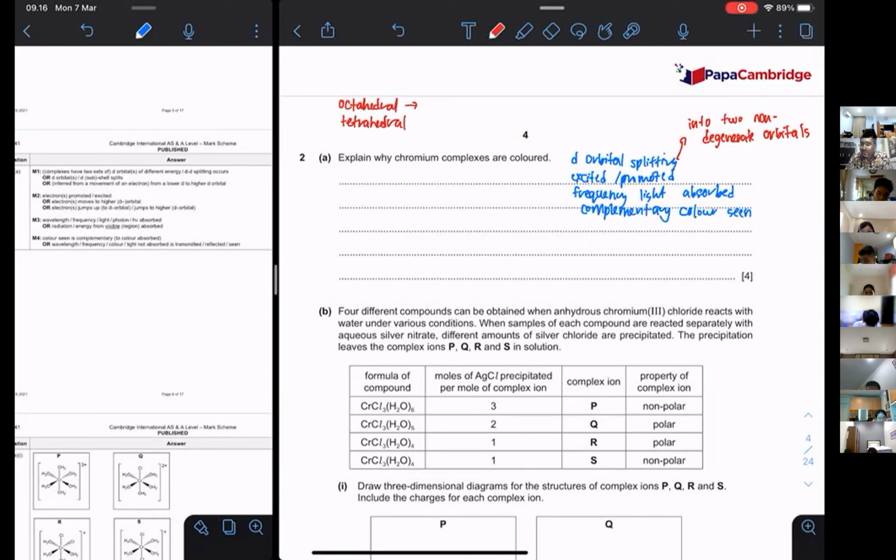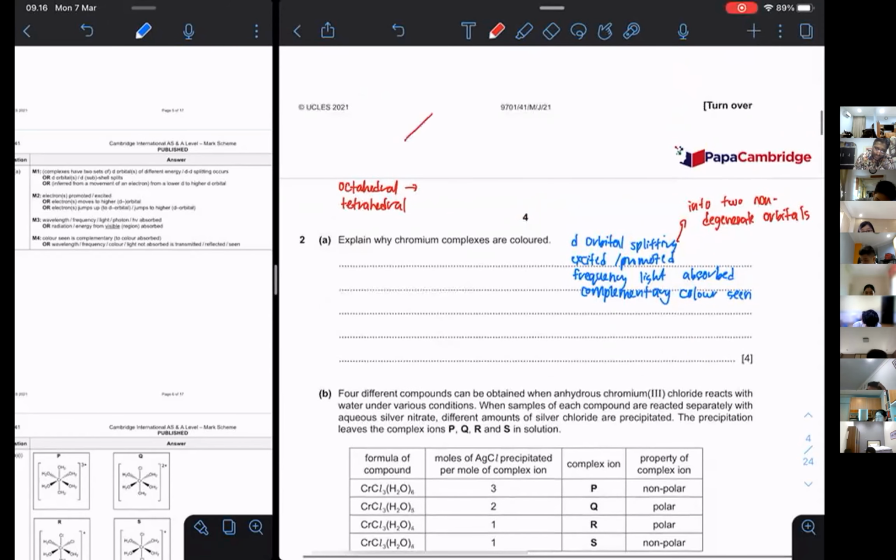So the octahedral, I'll tell you how to remember. Octahedral, they look like this. Okay, so up and down, yeah, 6 coordinate bonds. So I want you to remember the up and down, there are 2. So I will just say, okay, for the octahedral, there are 2 orbitals at the higher energy level, and 3 orbitals at the lower energy level.